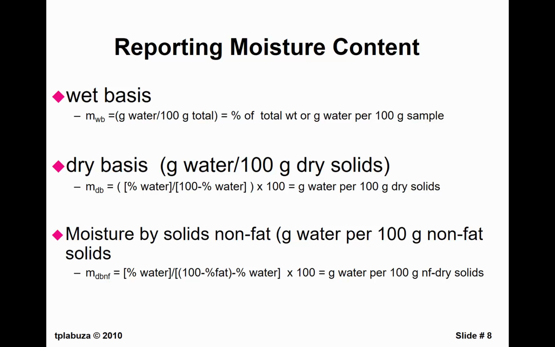And then moisture by solids non-fat: you take the fat content out of 100%, and that's your water over the non-fat solids. This is used a lot in the dairy industry, the moisture non-fat basis.